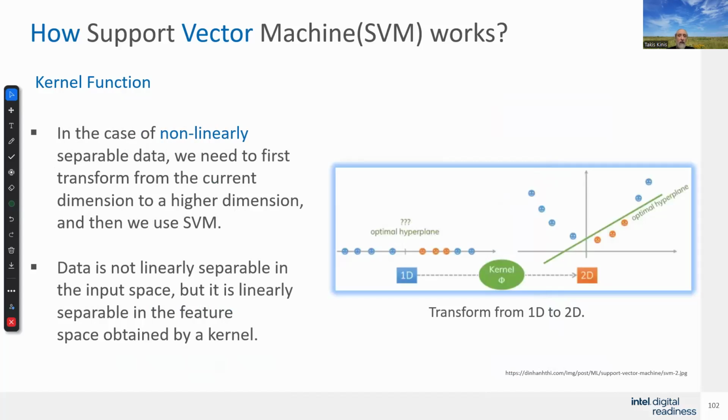So for example, if I have a bunch of points on a single line, we can call this a one-dimensional line, right? These are my data points. Here's what would be the optimal hyperplane right in the middle, right? But then we had these two over here, so that doesn't really work. So we use the kernel to up the dimensional space mathematically, and then we plot it in 2 dimensions.